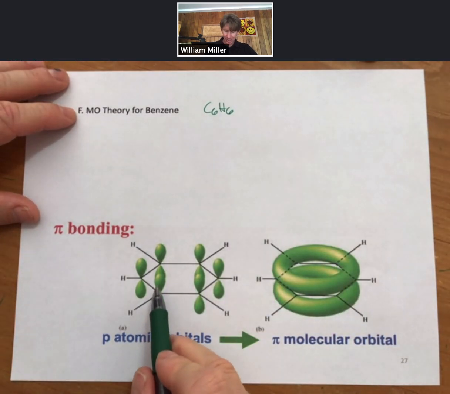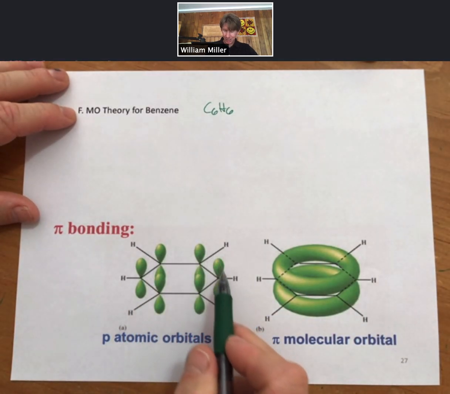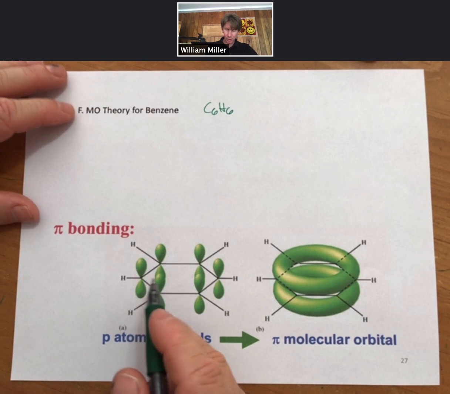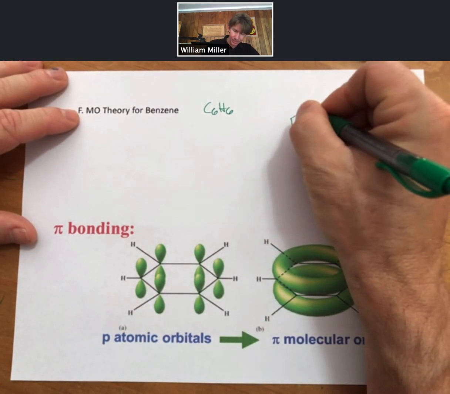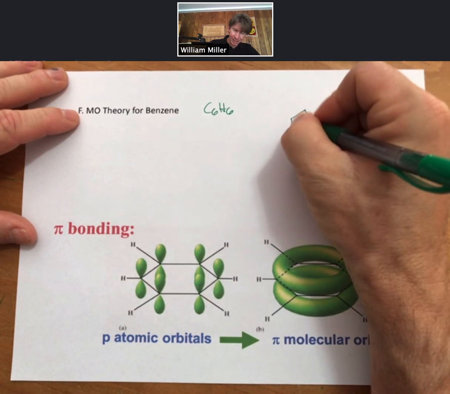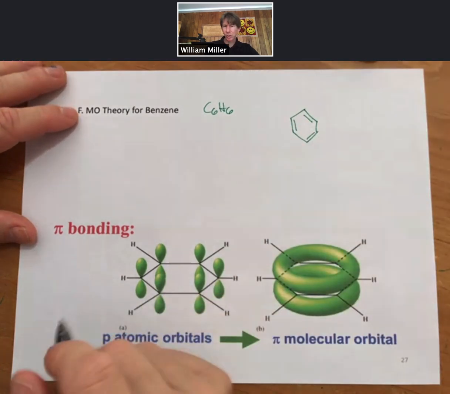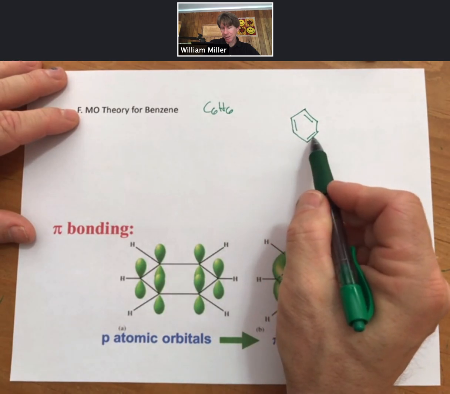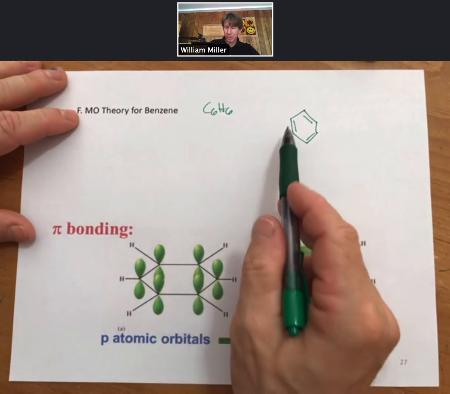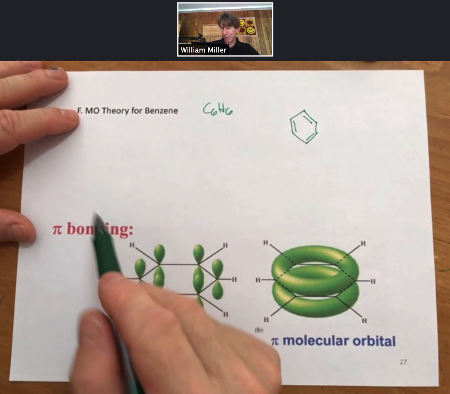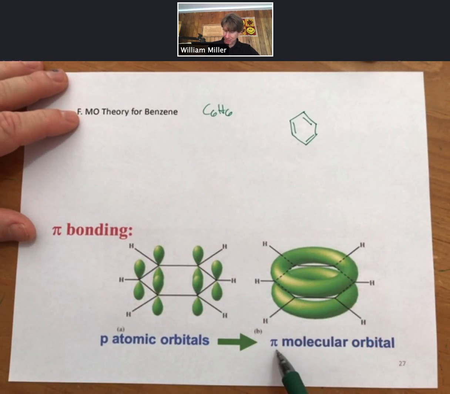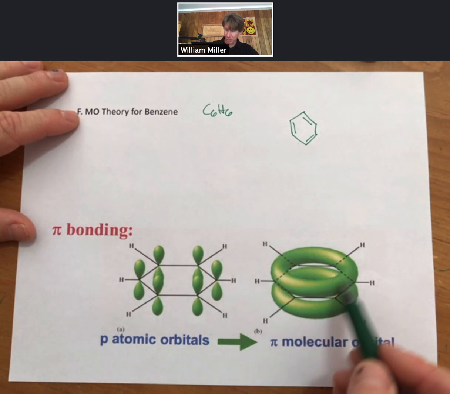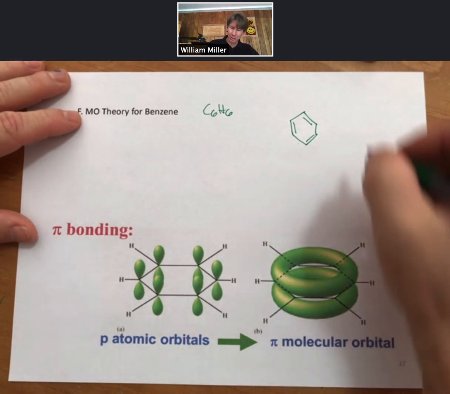It turns out that benzene has p orbitals, where if we were to draw the skeletal structure for benzene, we would draw double, single, but those sets of double bonds, which are pi bonds, actually make a pi molecular orbital that's over the entire top of the molecule.